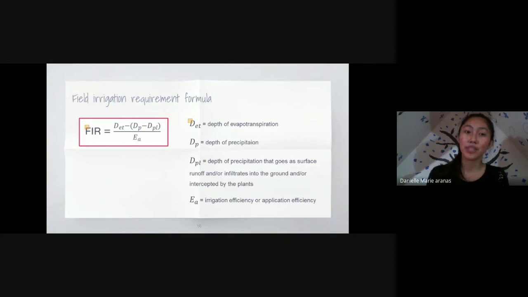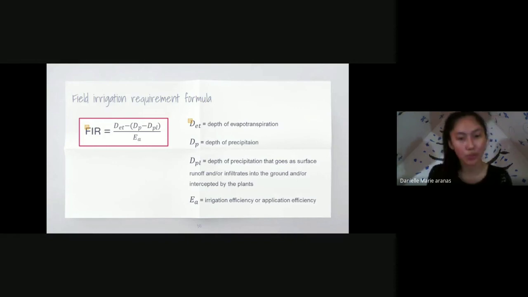Next, we have here the field irrigation requirement formula, where the depth of evapotranspiration is subtracted by the difference of the depth of precipitation and the depth of precipitation that goes as surface runoff and/or infiltrates into the ground or is intercepted by the plants.